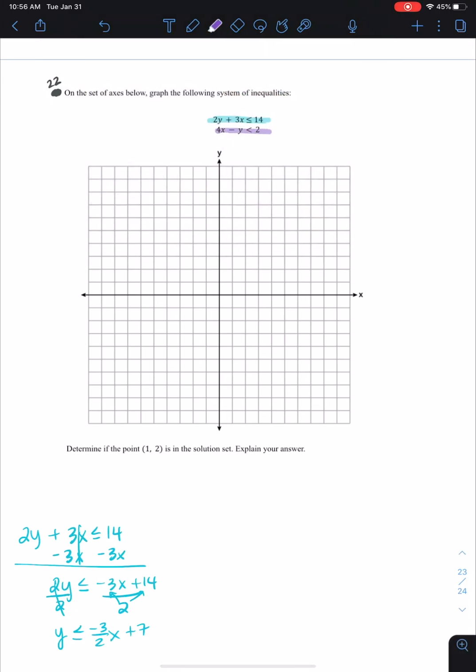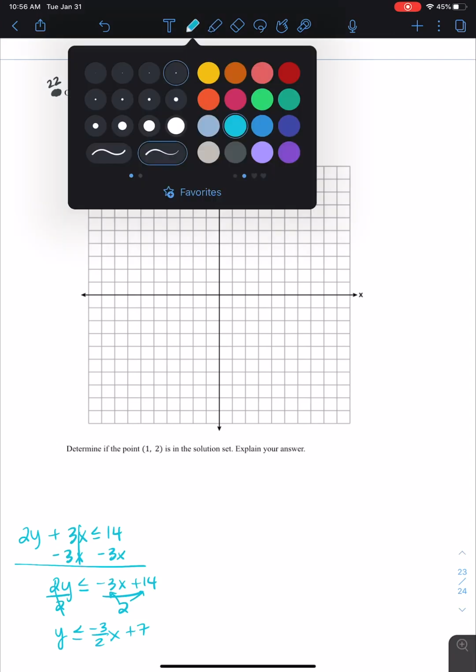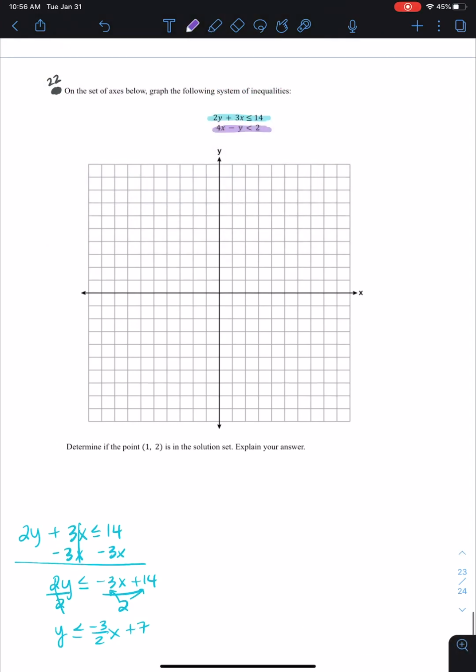The next expression is 4x minus y is less than 2. Here we're going to subtract 4x from both sides to isolate y, and we're left with negative y is less than negative 4x plus 2.